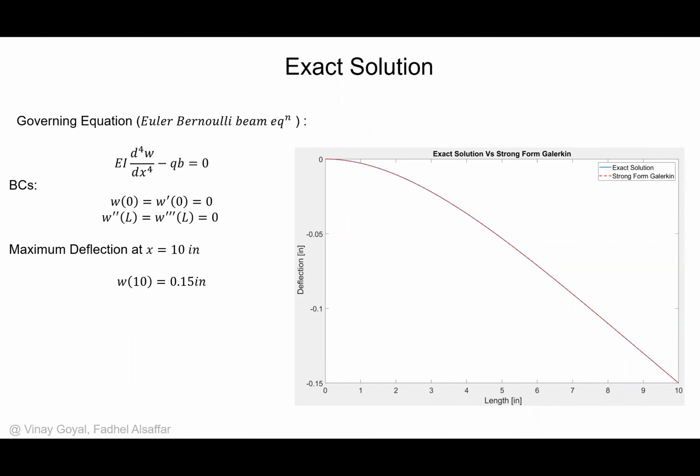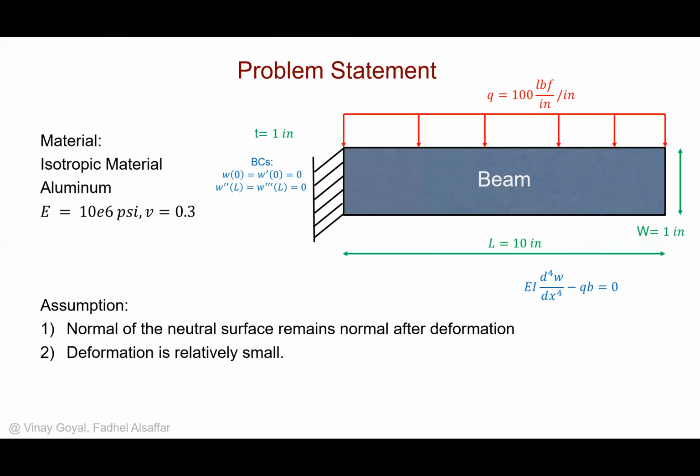So again, what we did is we modeled this beam here with these input parameters, and the problem we solved is the Euler-Bernoulli beam with distributed load. We did it with 3D elements, and in the 3D element we used the element C3D8I, which takes into account the shear and prevents what's called shear locking.